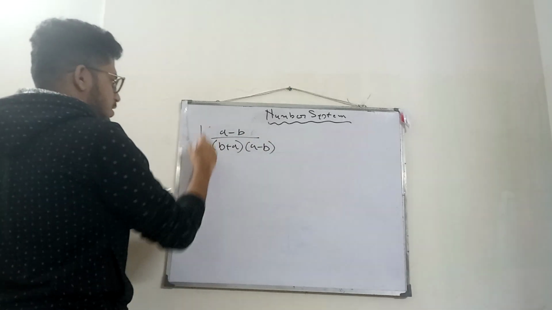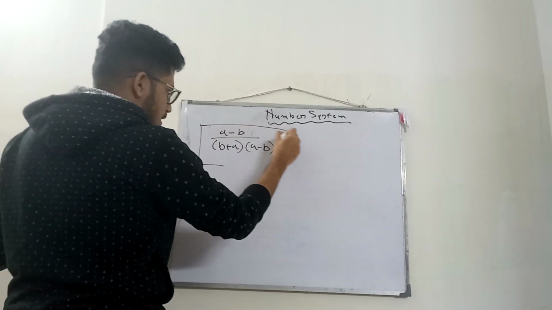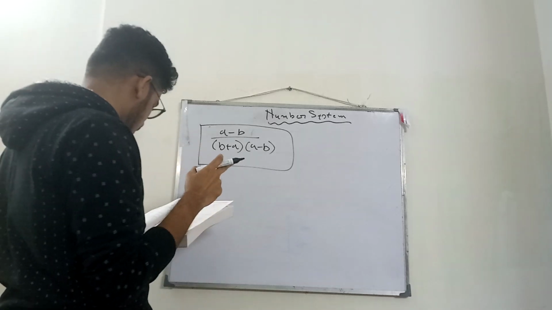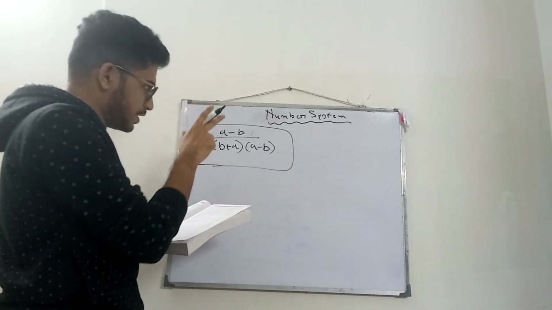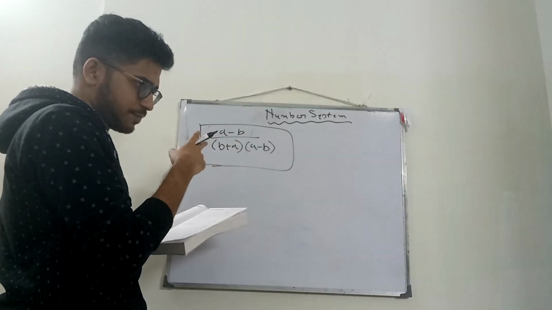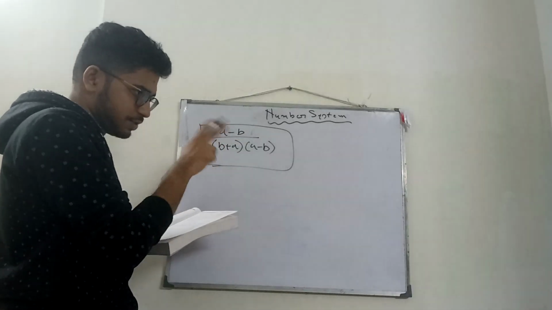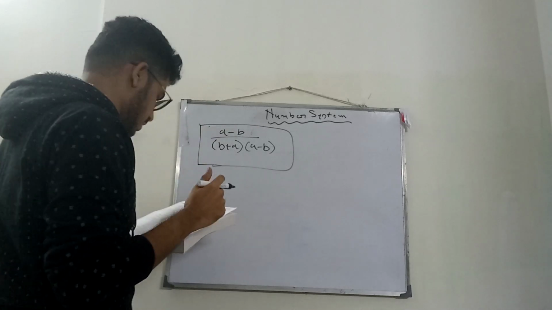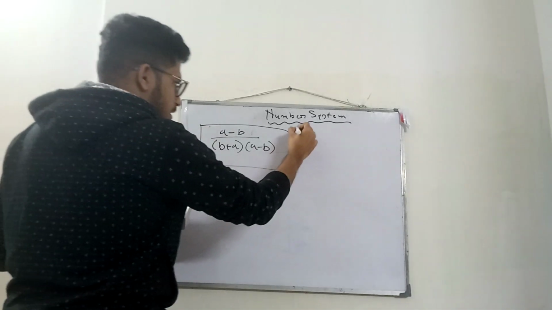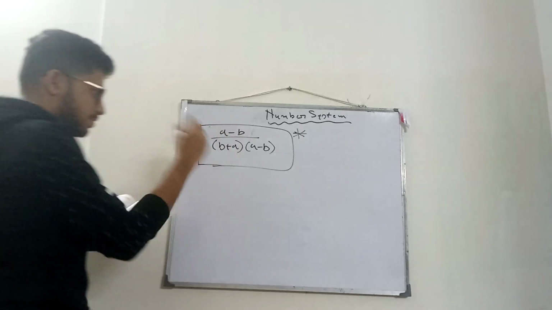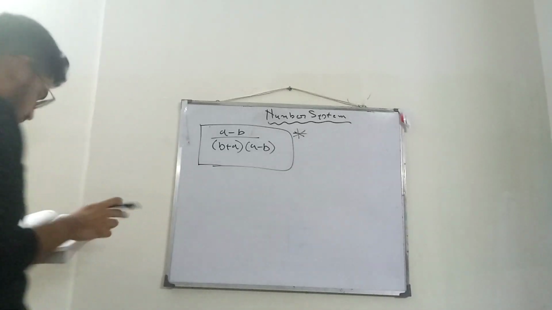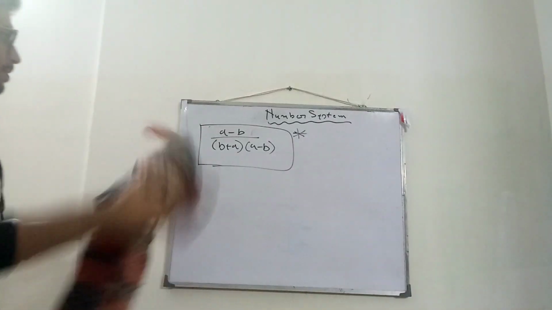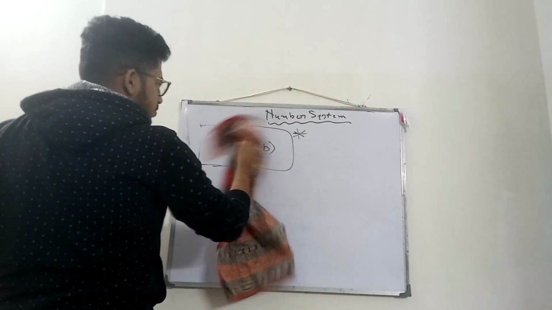This is the formula that I taught and wrote on the board in our previous class. I think you have to note this formula. Note it down with me. Pause the video and note it down. Okay, let's move to the next part.